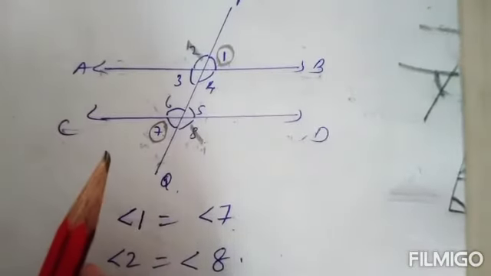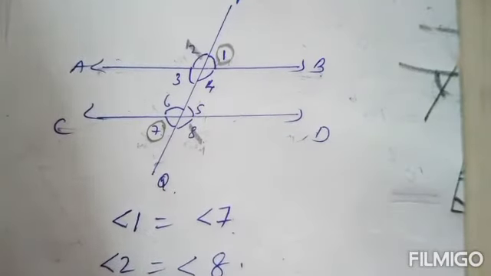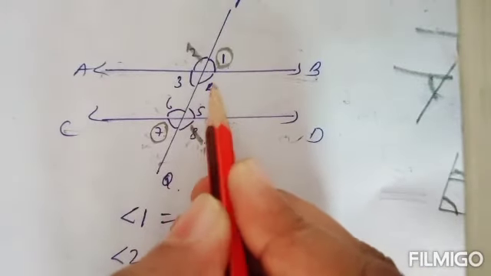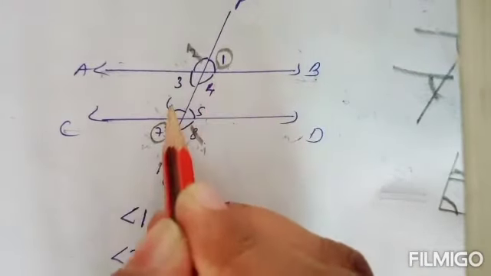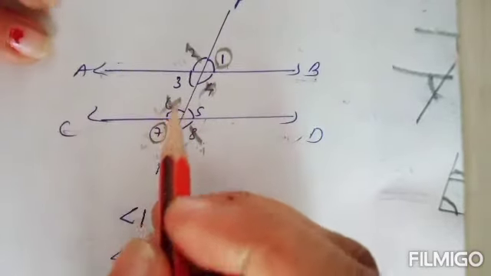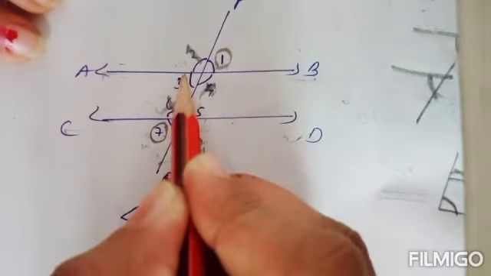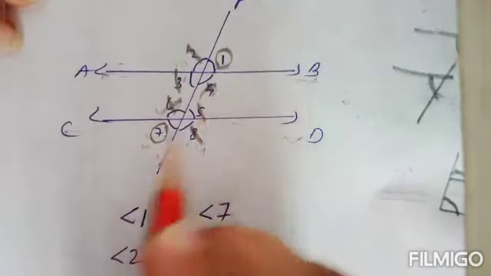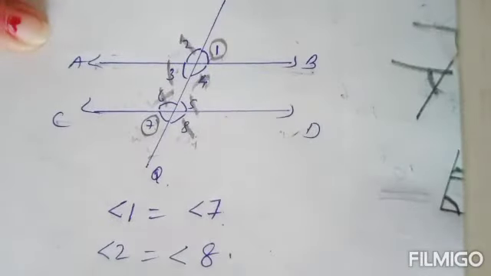Similarly, second property, interior alternate angles are equal. So interior alternate angles, you know, angle 4 and angle 6, and angle 3 and angle 5. So they are also equal.